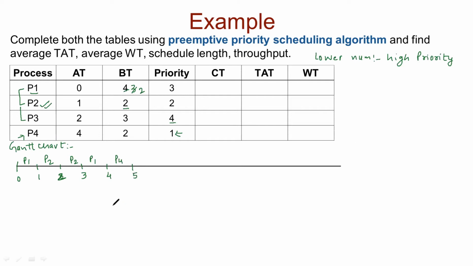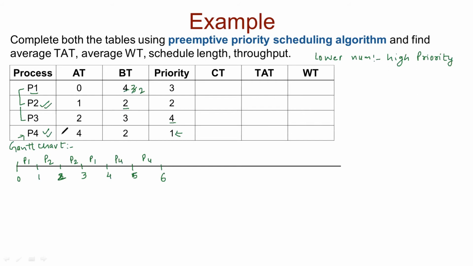It is important to note that when all the processes have arrived in the system, preemptive priority scheduling algorithm behaves as non-preemptive priority scheduling algorithm. Till 5, after this no more processes are arriving in the system. So P4 will continue to execute till 6 because its burst time is 2 units.